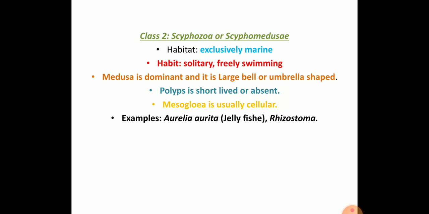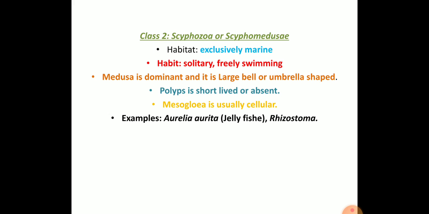Next, coming to the second class, Scyphozoa. Here the habitat is exclusively marine, and you don't find these in fresh water. The habit is solitary and free swimming, and the medusa is dominant, with a very large bell-shaped or umbrella-shaped form, that is the polymorphism type.